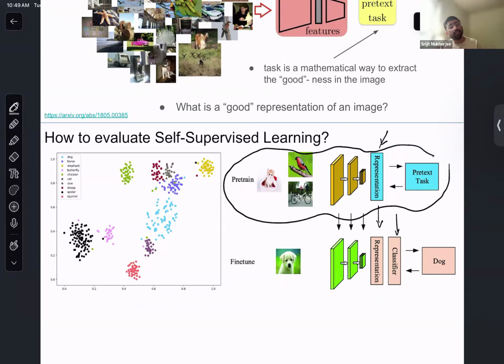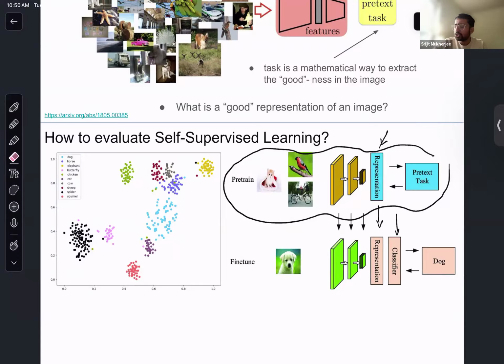For example, in DINO, which I will briefly discuss, they saw that with just those representations and adding a KNN layer, K nearest neighbors, it really gives high accuracy, almost similar to or better than supervised learning on ImageNet images.